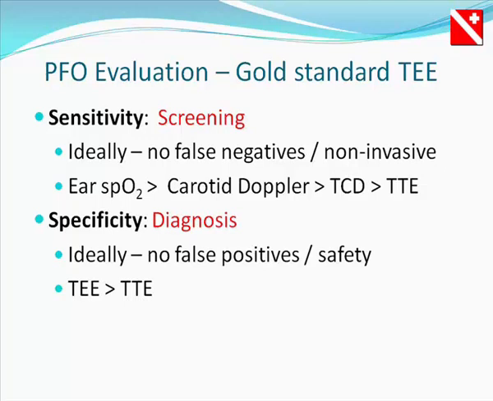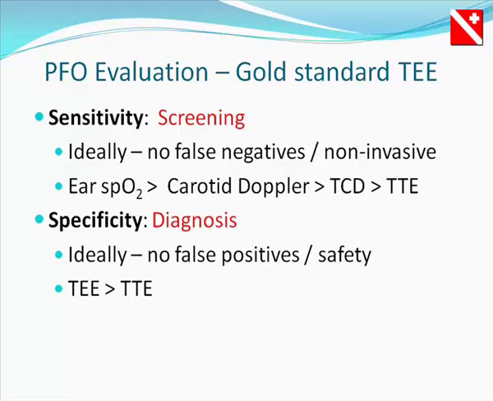Now, with that type of perspective, a test that I only became aware of in preparation for this talk is the use of ear pulse oximetry as an assessment of PFO. And I'll show you the article just now. And that is arguably the best screening test there is at the moment. And I'll show you the data. After that, from a practical point of view, carotid Doppler, because it's relatively simple to do and these vascular Dopplers are readily available.